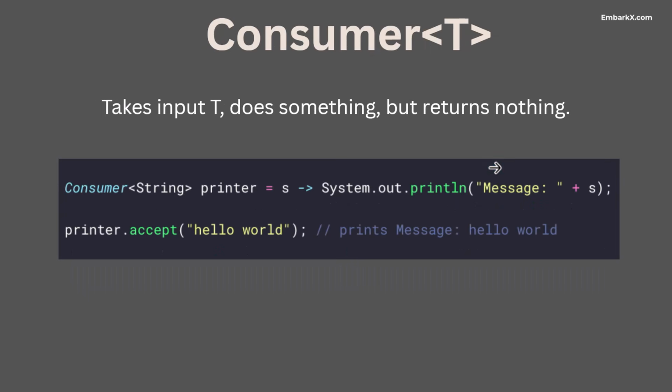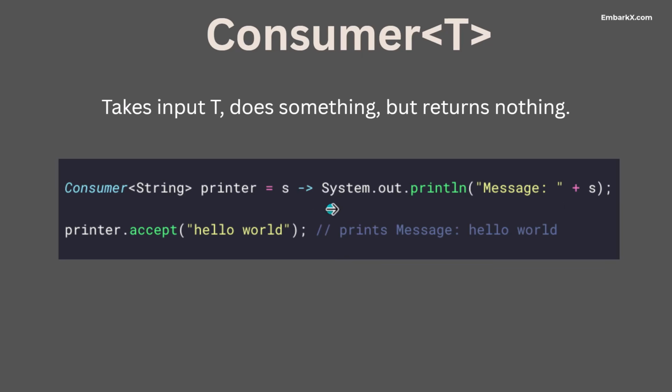Another one we have is Consumer. What is Consumer? Consumer takes input of type T, does something, but returns nothing. It will consume your input and do something with it without returning anything. Here I have an example: Consumer<String> printer, and I'm creating this lambda-like syntax and printing it.